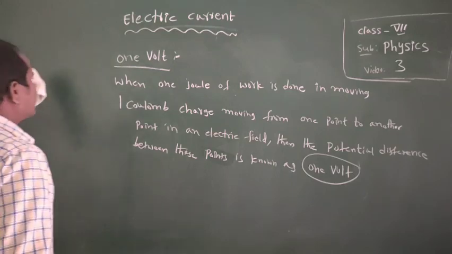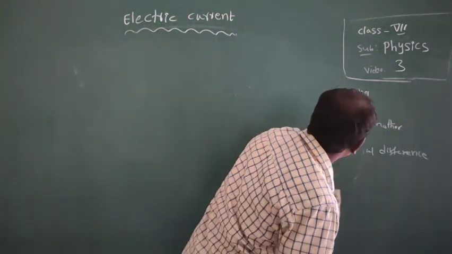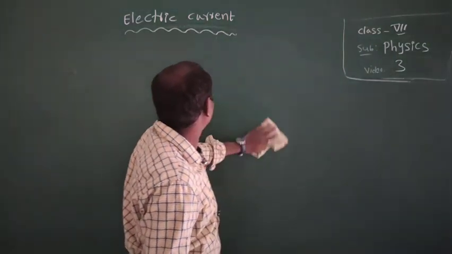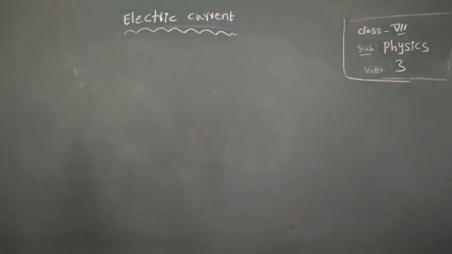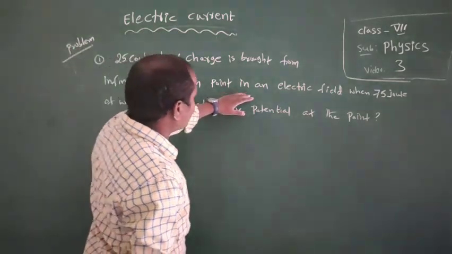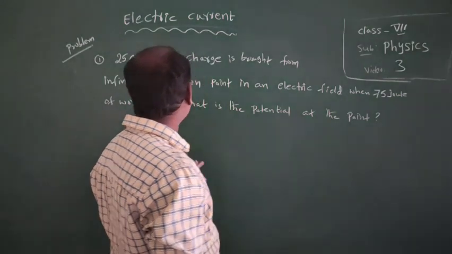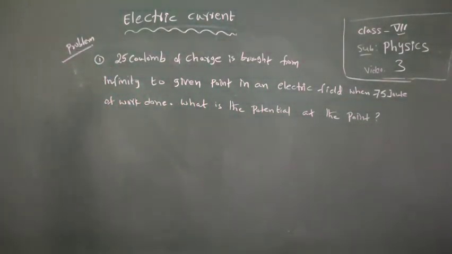I will explain one problem on potential difference. 25 coulomb of charge is brought from infinity to a given point in an electric field when 75 joules of work is done. What is the potential difference at the given point?